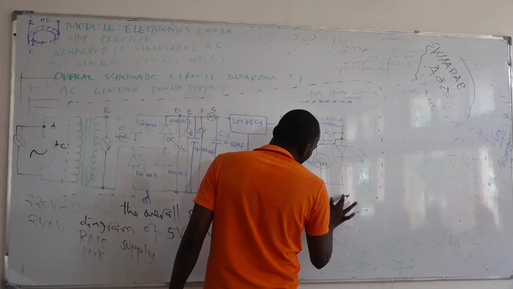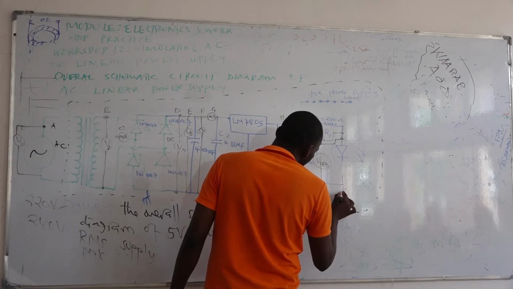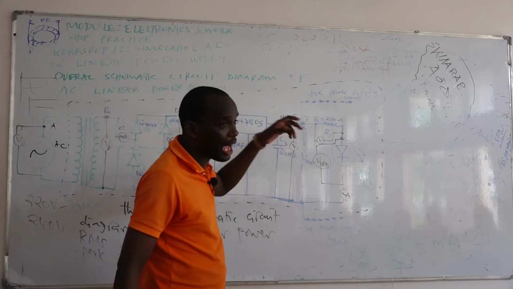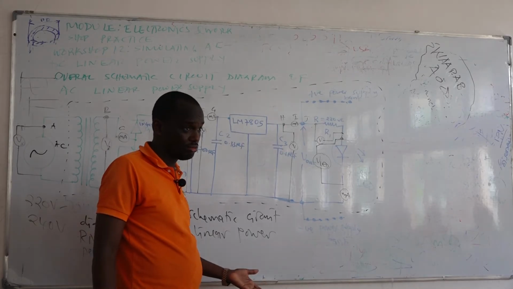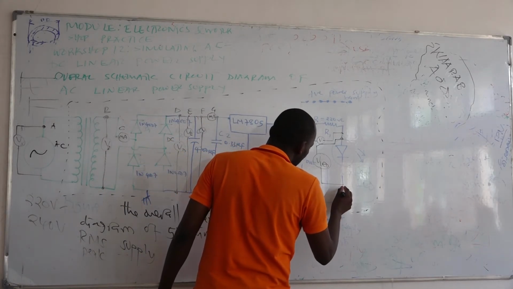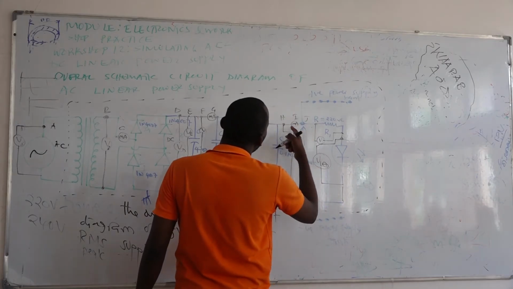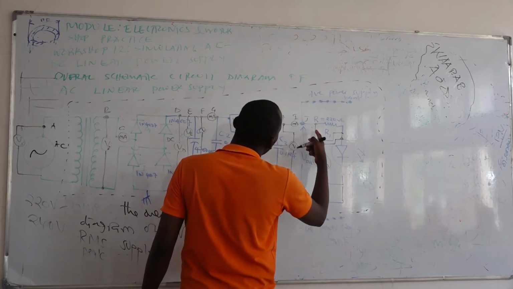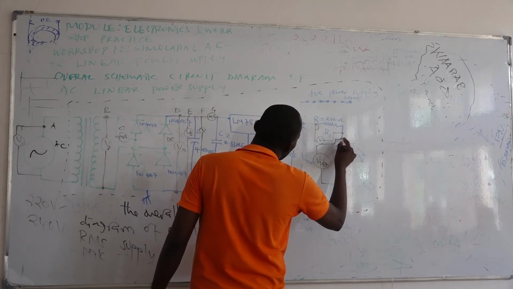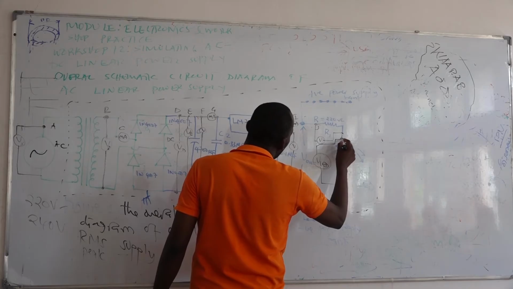But you can also have another testing point here. However, this milliammeter and this milliammeter will give us the same value because they have been connected in series. No need for this testing point. So this is point J. So this is J, K.